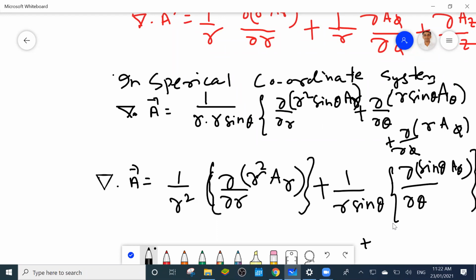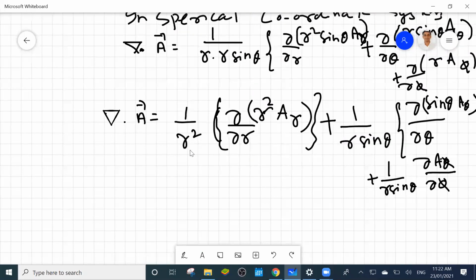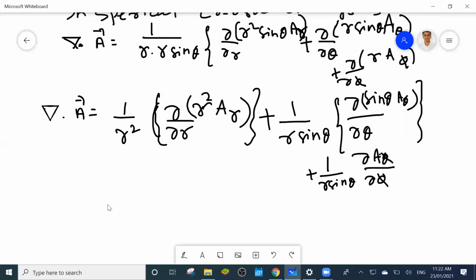So the third term will be 1 by r sin theta, del A phi by del phi. Yes or no? Clear, everyone? Yes, sir. So this you have to practice.